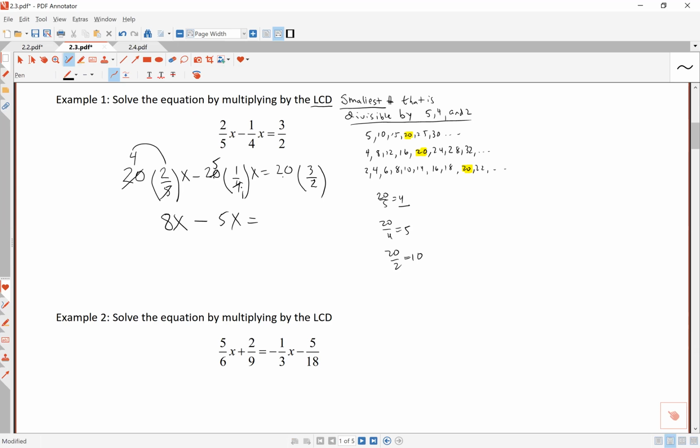And 20 over 2 is 10. 10 times 3 is 30. And so then we have like terms on the left side. 8x minus 5x is 3x. We apply the multiplication property and divide both sides by 3. And that gives us x is equal to 10.